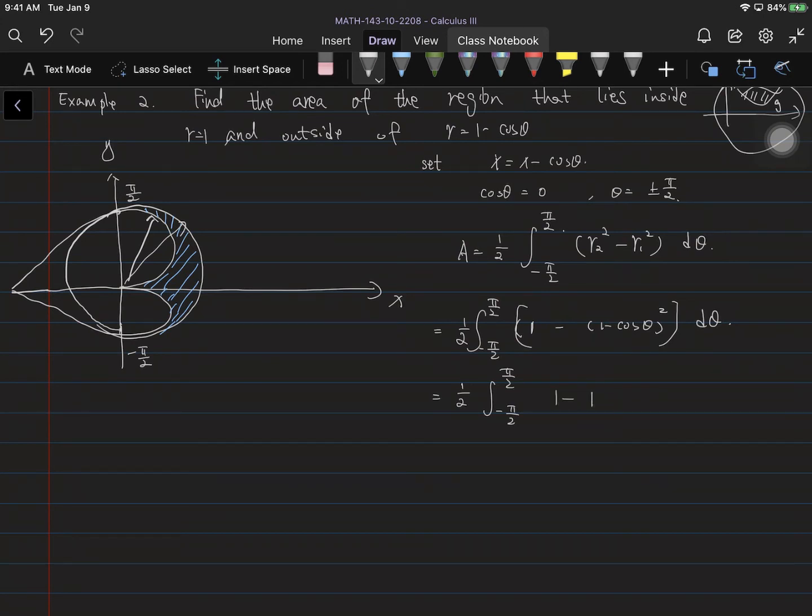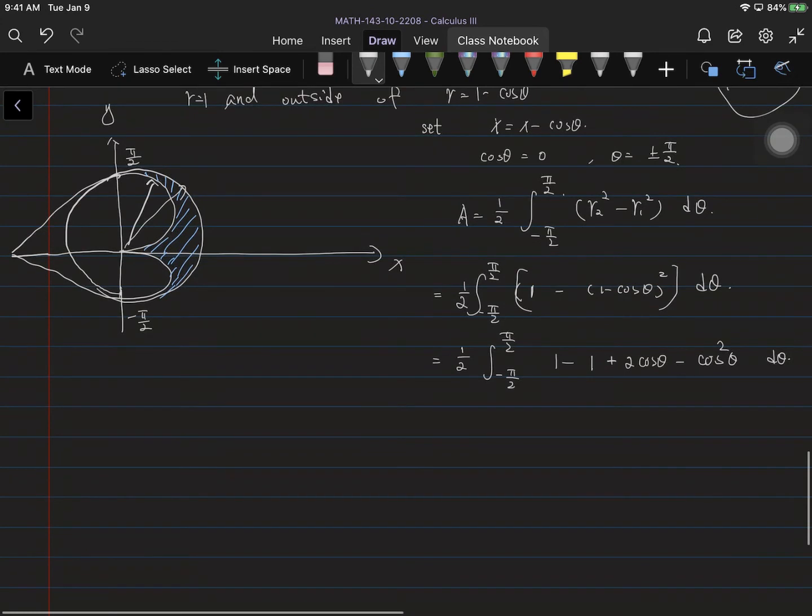So 1, and then minus 2 cosine theta because we take off the parentheses, so plus 2 cosine theta, and then minus cosine squared theta d theta. Right? So the 1 and the 1 cancel out. Negative pi over 2 to pi over 2, 2 cosine theta minus cosine squared theta d theta.